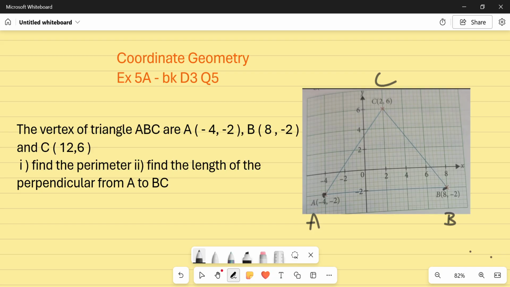Let's talk about the length of AB, or you can say the distance from A to B. And we know the formula.